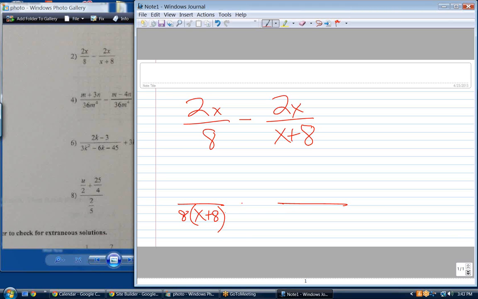What goes upper left? 2x times 8, and then in parentheses, x plus 8. Just x plus 8 with the 2x.